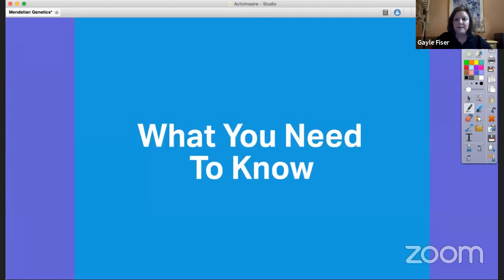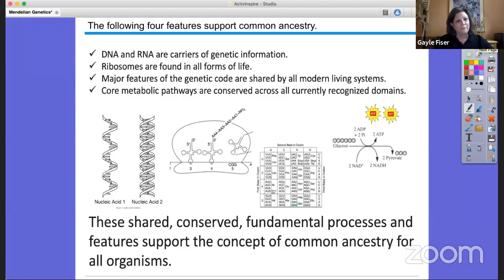Okay, so what you need to know. All right, let me just go ahead and do this part and then I'll tell you the other story. The following 4 features support common ancestry. DNA and RNA are carriers of genetic information. Okay, there's our first one. Ribosomes are found in all forms of life. Major features of the genetic code are shared by all modern living systems, and core metabolic pathways are conserved across all currently recognized domains.